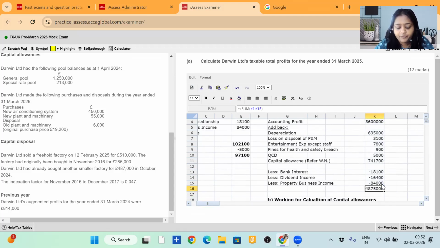So my adjusted profits are coming out to be, I'm sorry, this is to be reduced. Just 1 minute. Because I thought it cannot go beyond 3600,000, no, when we have reduced capital allowances also.